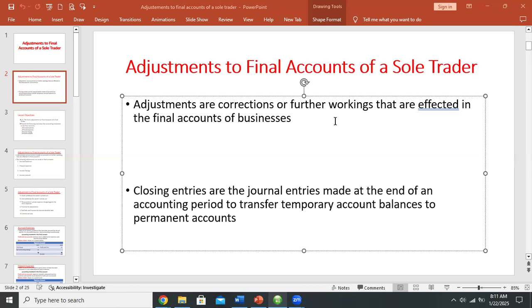So it's not only for the sole trader we are looking at this adjustment. They would apply when we get to partnership and companies, just that something new may be added or subtracted. But most of the adjustments are the same for these types of businesses, whether sole proprietor, partnership, or company.